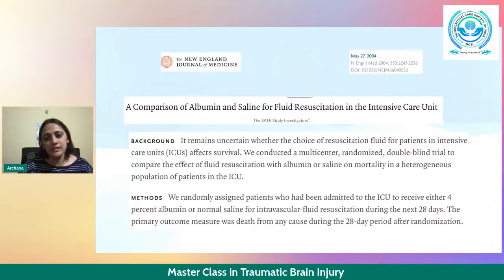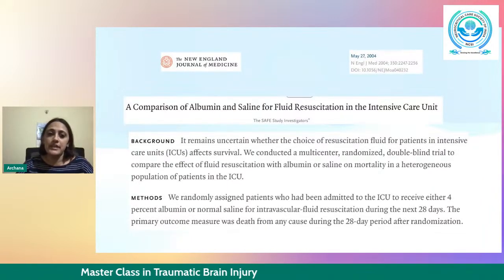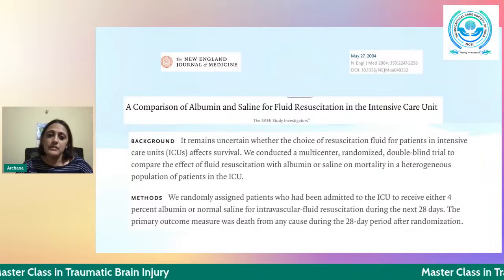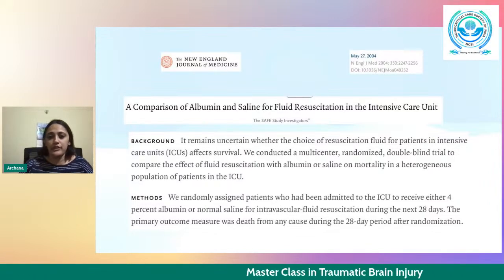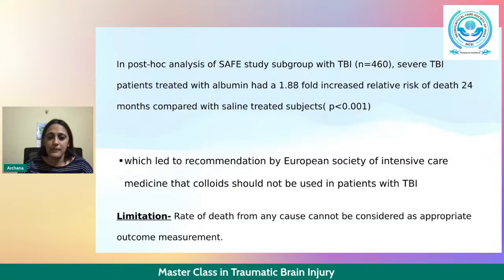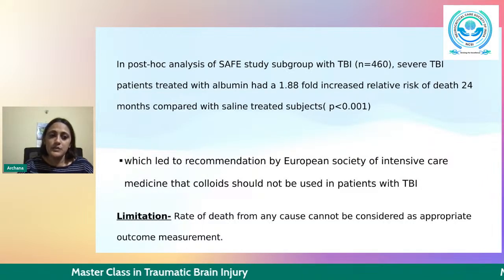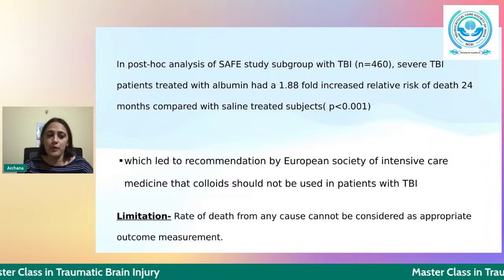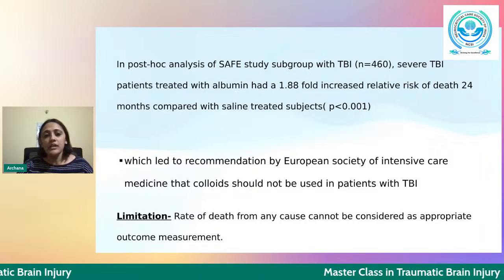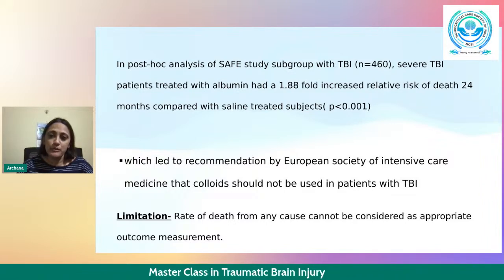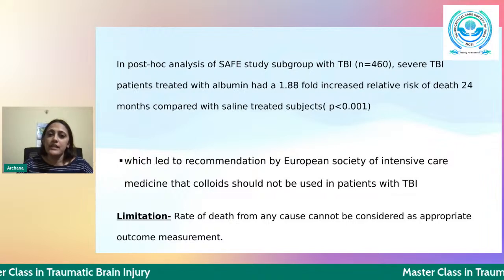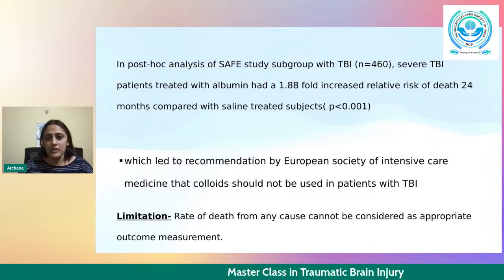Coming to fluid resuscitation, the SAFE study was a comparison of albumin and saline for fluid resuscitation in the intensive care unit. This was done on a heterogeneous population in the ICU. A post-hoc analysis of the SAFE study in the subgroup of severe traumatic brain injury was done, and patients were randomized to receive 4% albumin or normal saline.